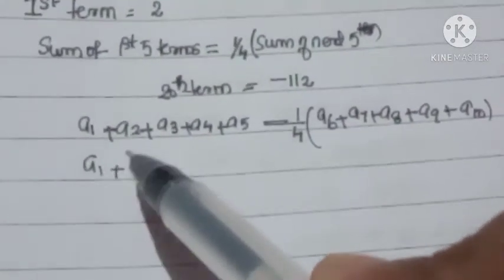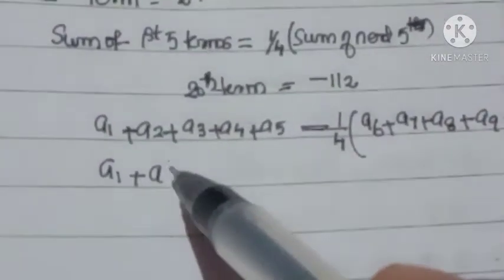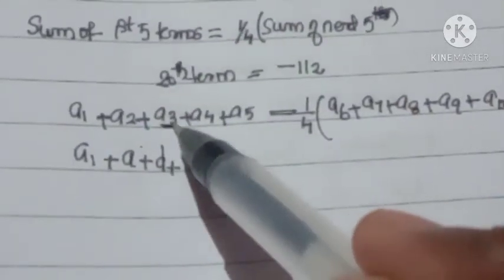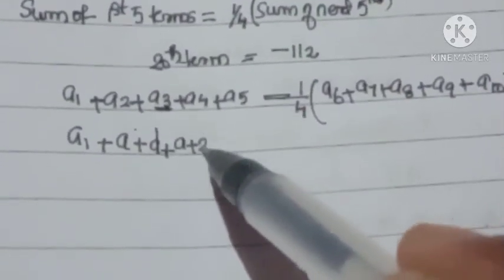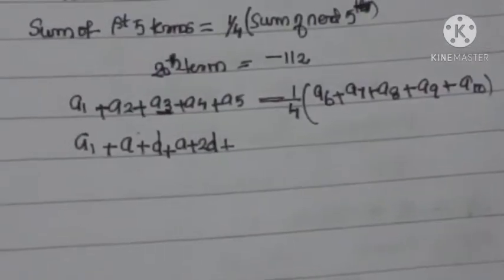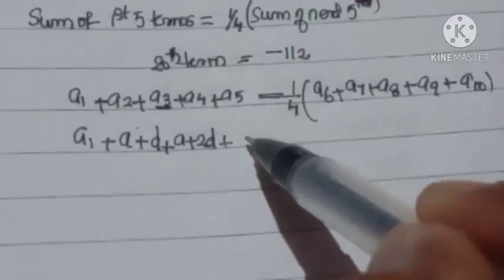A2, the second term, can be written as A plus D. The third term, A3, can be written as A plus 2D. The fourth term can be written as A plus 3D.